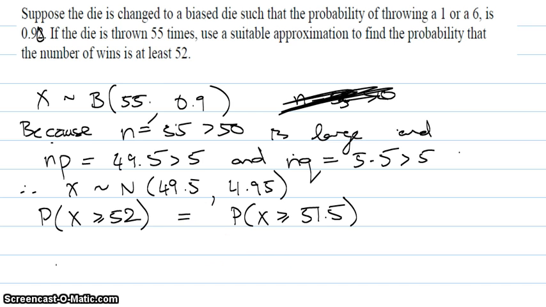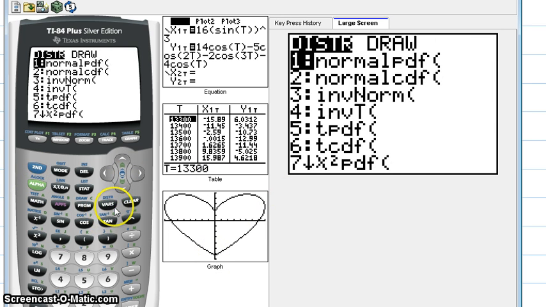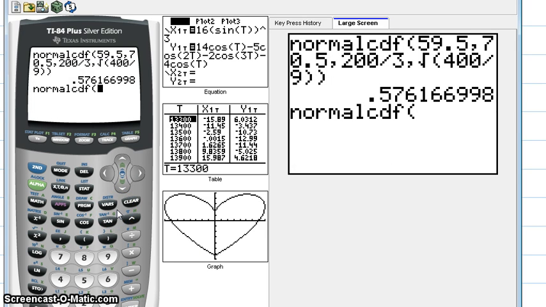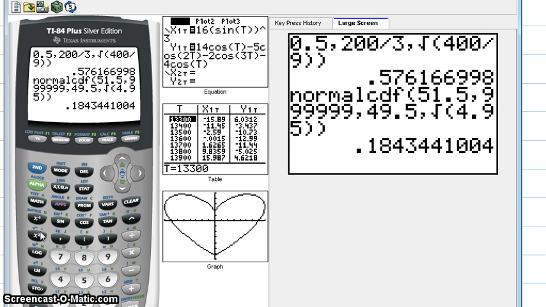And again, we can just use our normal distribution here: normal CDF, with lower bound 51.5, upper bound infinity, mean of 49.5, and a standard deviation of the square root of 4.95. And so that gives us 0.184 to 3 significant figures.